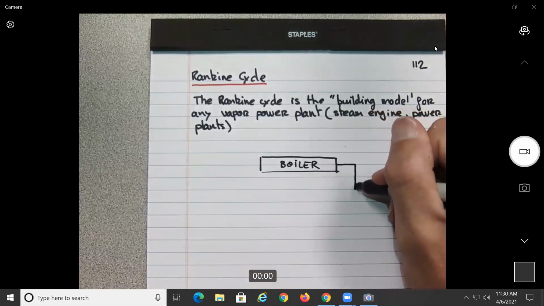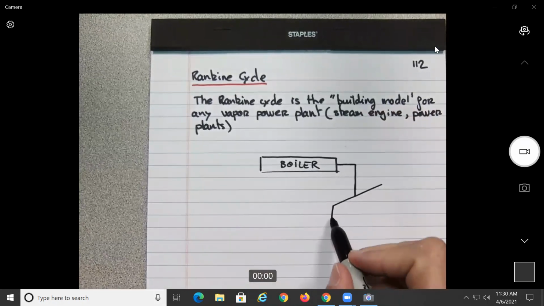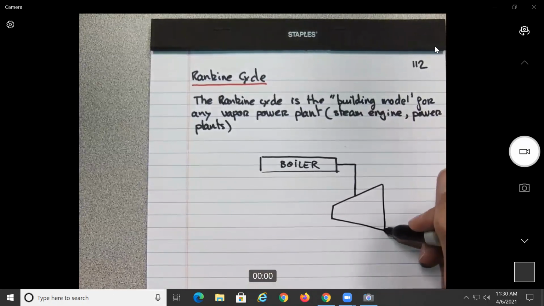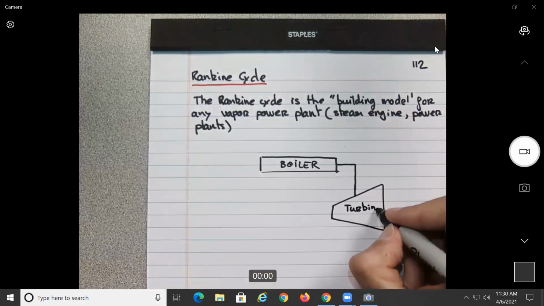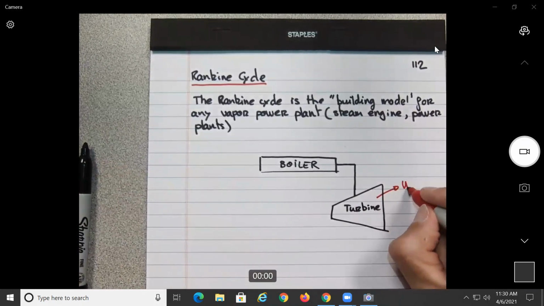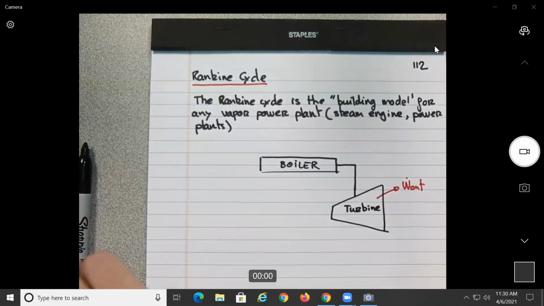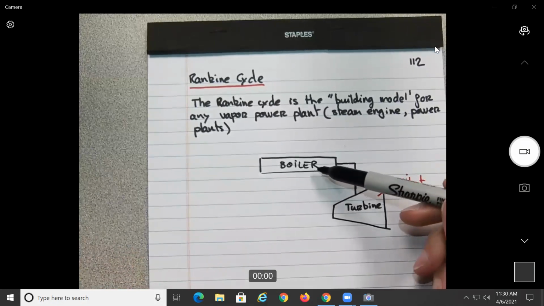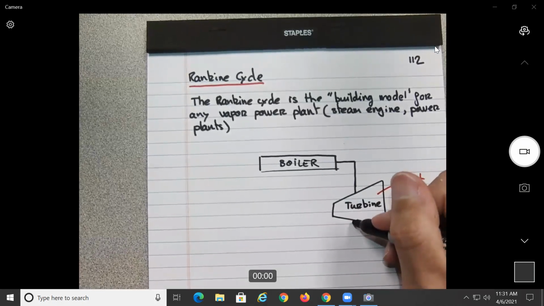This is going to go into a turbine, which will be the one generating the power. In between here, what can you have? This can be moving pistons, and the piston will be moving the turbine. Something like that.